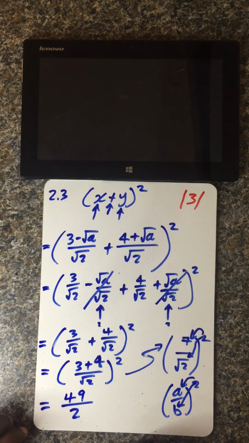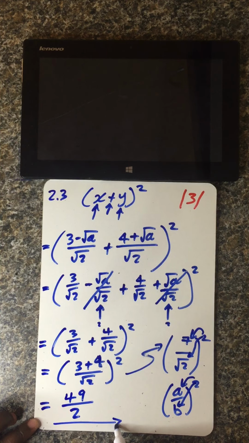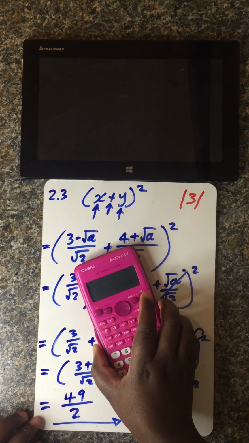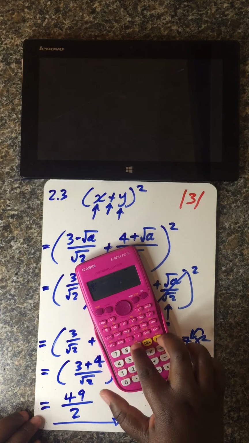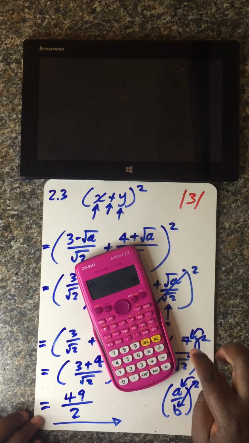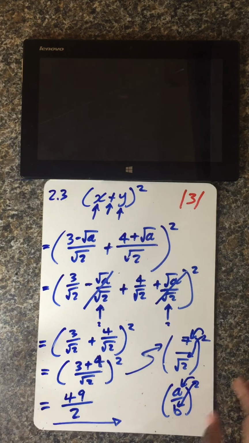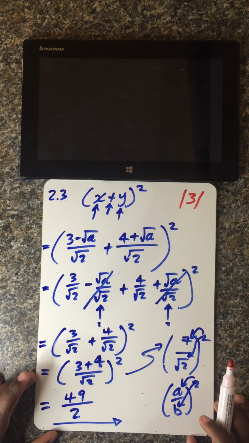So this is your final answer, because 49 over 2 just remains as it is. I think even when you punch it on a calculator, it will just remain as it is. Can you see? Very much important, ladies and gentlemen. Let's say exactly where you score some marks.